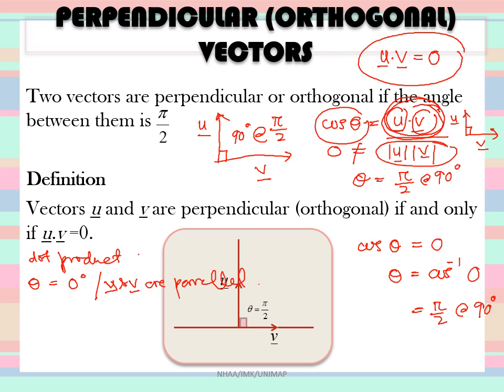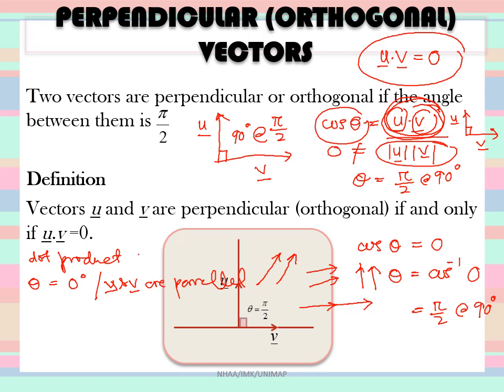They can be parallel in many ways, or they are in line. There are only two possibilities: they are parallel in any direction, as long as they go in the same direction, or they can be parallel like this, like that, or they can be in line. So the two vectors are in line.